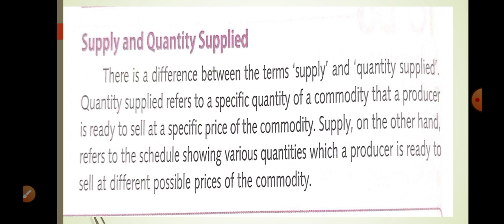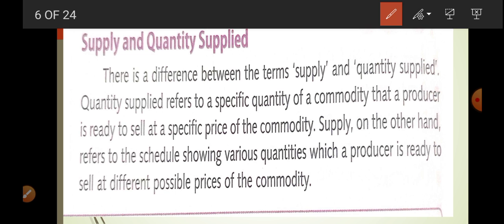Now the next concept is, what do you mean by supply and quantity supplied? Again, these two terms are totally different. Quantity supplied refers to a specific quantity that a seller is ready to sell at a specific price.